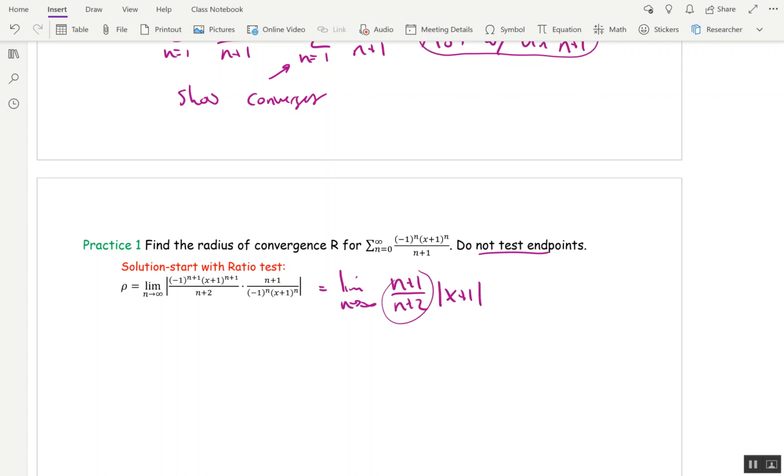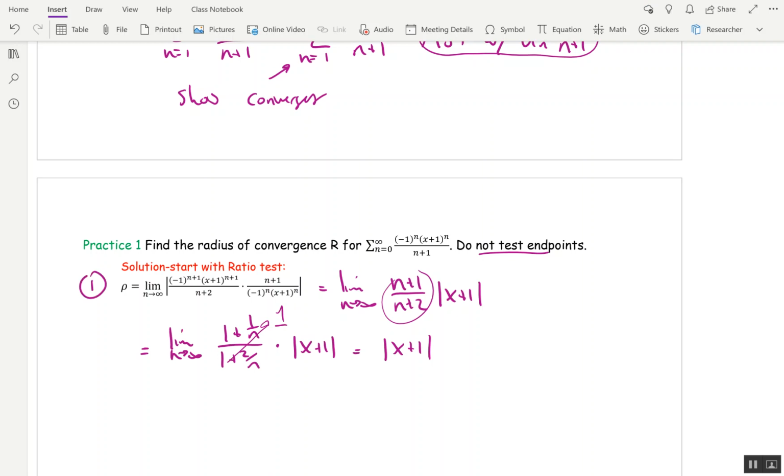So we're going to divide top and bottom by n. 1 plus 1 over n over 1 plus 2 over n, times the absolute value of x plus 1. Now, this part goes to 1, so we're just getting the absolute value of x plus 1. So that's step 1.